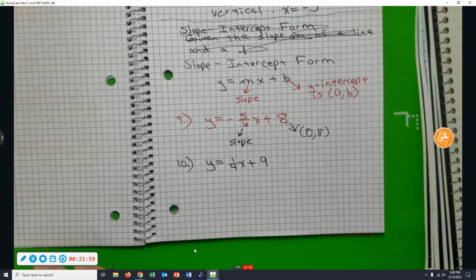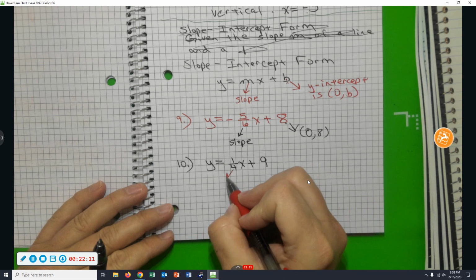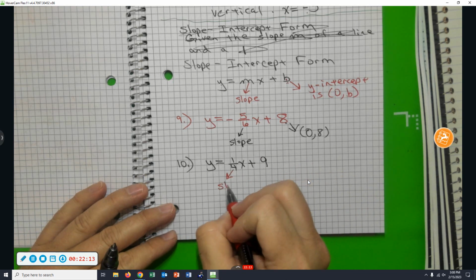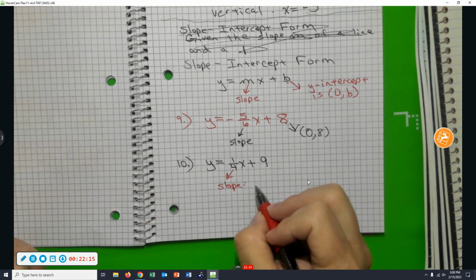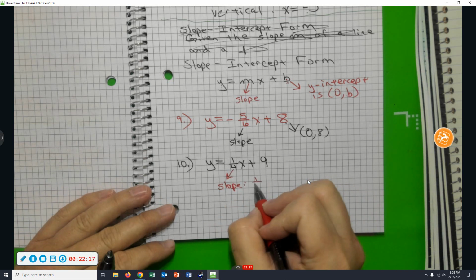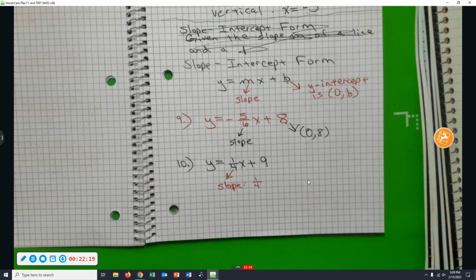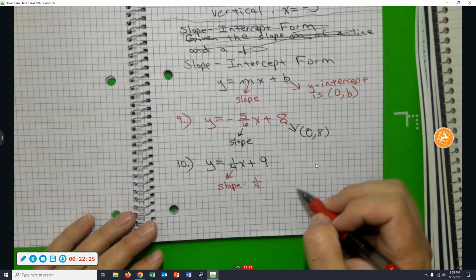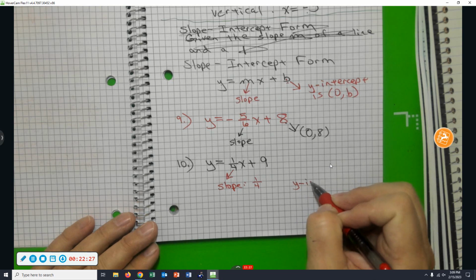Switch to my paper. What's the slope and what's the y-intercept? Okay, the coefficient of x, that's the slope. Oh, wait a minute. The slope is just the number 1/4, okay? So the slope is 1/4, not the x, just 1/4. What about the y-intercept?